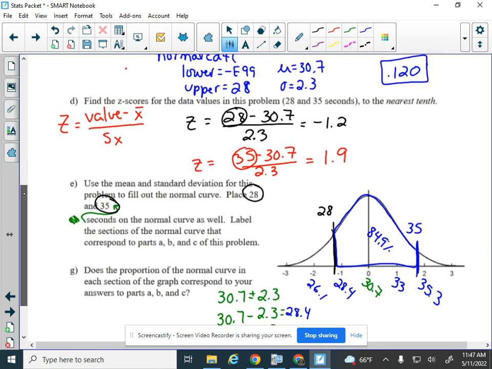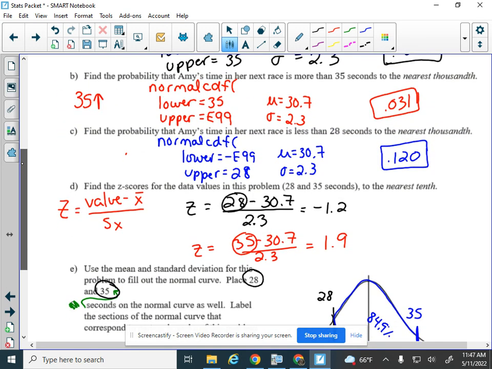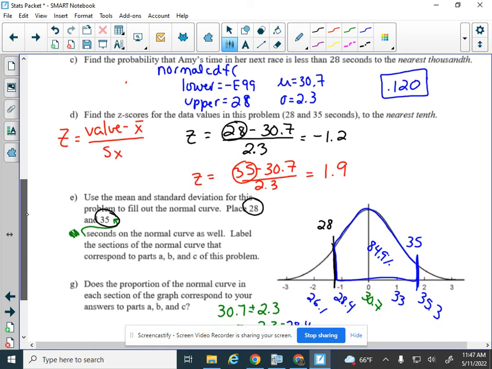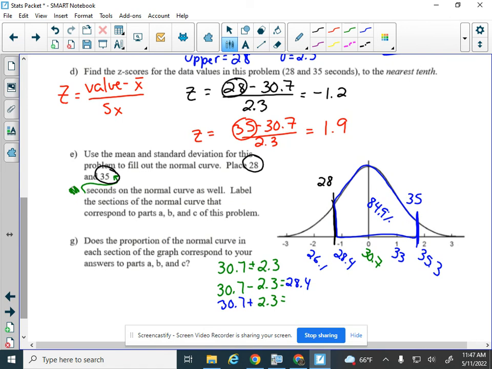On the second question, letter B, I got just 3.1% is out here. And that looks about right. It's not very much. And then my last section, which is below 28, I had about 12%.